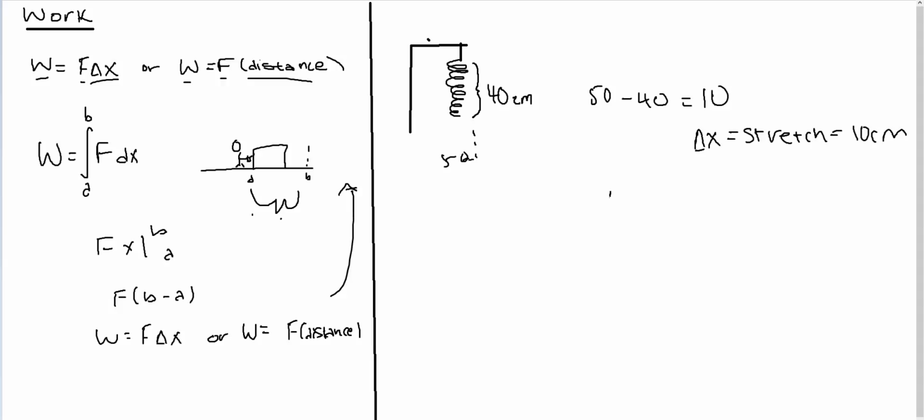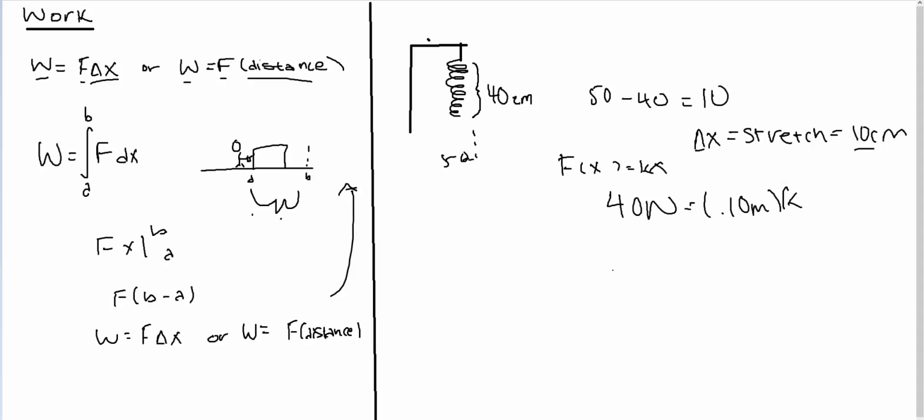And we know that 40 newtons is the amount of force that is required, and we know that our stretch is equal to 0.10 meters, which is 10 centimeters, times k. So our f of x is equal to kx. That's just Hooke's law. So our function f of x is 40 newtons, our k is not known, and our x, our stretch, is 0.10 meters.